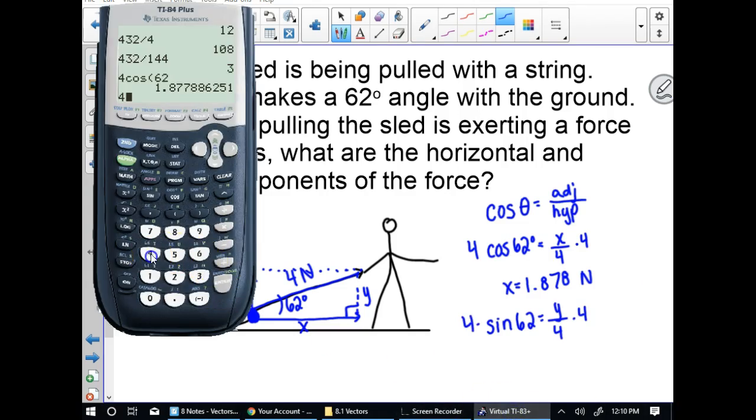So if you do 4 sine of 62, you get y equals 3.532 newtons. I'm going to call this our horizontal, and this is our vertical.